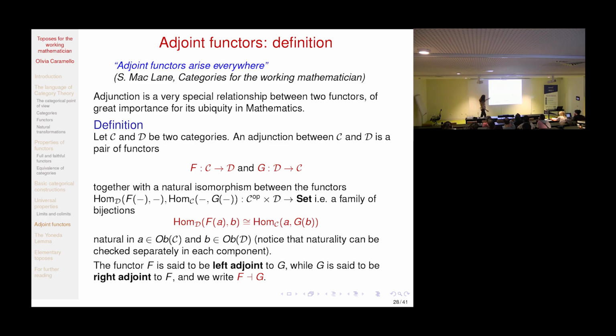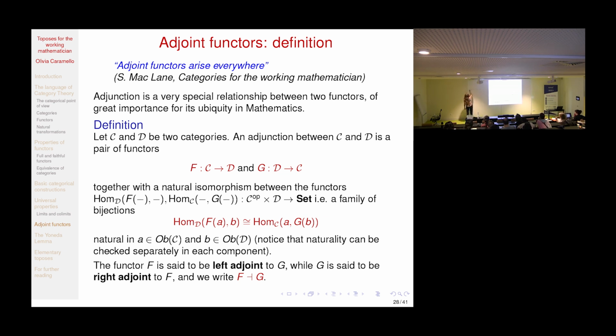Yes, so this is the fundamental condition that one requires. So when I say naturality in A and B, I mean the following. So we should have bijections for any A and B. And naturality means that, for instance, I'm going to discuss naturality in A, and for B it will be similar.